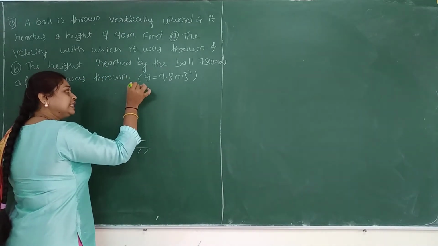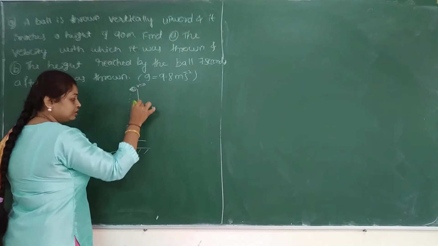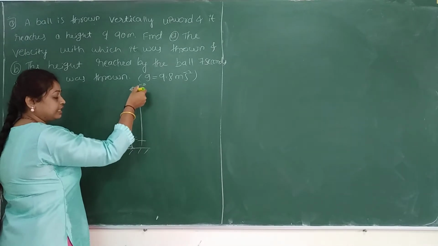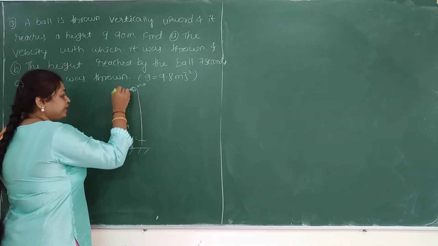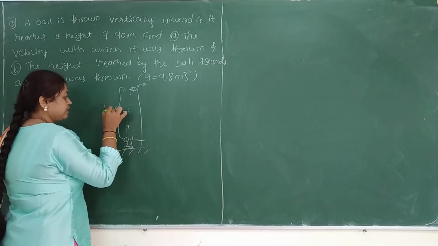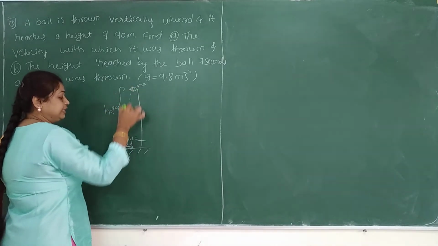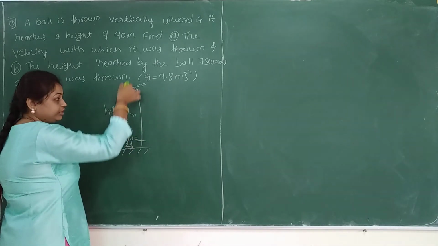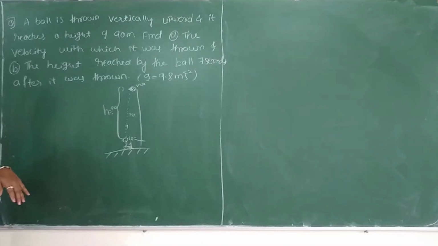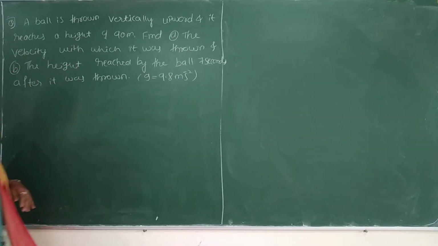Momentarily the ball will be at rest, then it will fall downward and come to the ground. From this point to this point is h, that you have to calculate. To go from here to here, how much time does the ball take? 7 seconds. Then what is the height? You have to calculate, right? Now first write the given data.